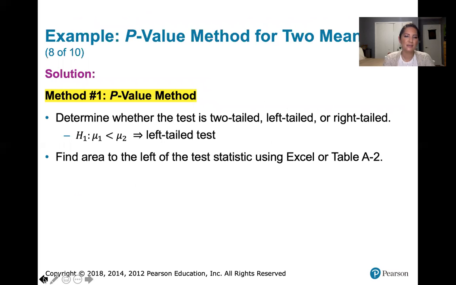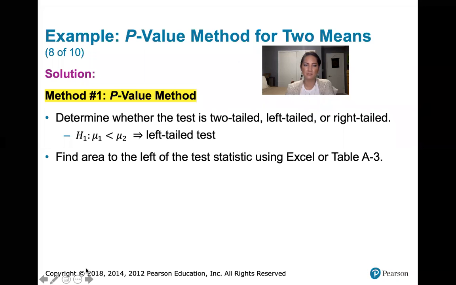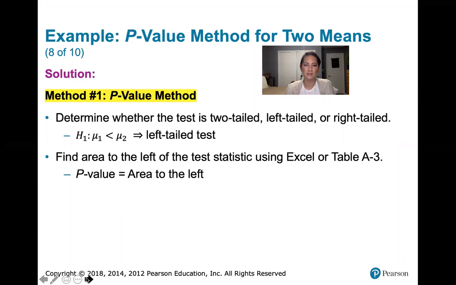Okay, so now I know I'm doing a left-tailed test and I have the number of degrees of freedom. So now I want to find the area to the left of my test statistic, because it's a left-tailed test, using either Excel or table A3, not A2. Remember, our p-value with the left-tailed test is just the area to the left of the test statistic.